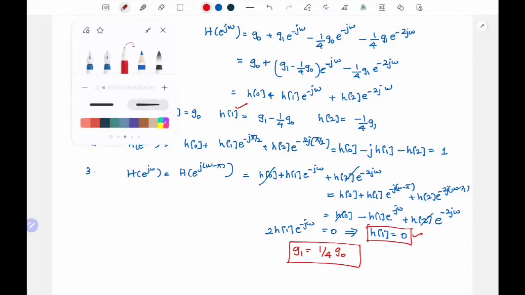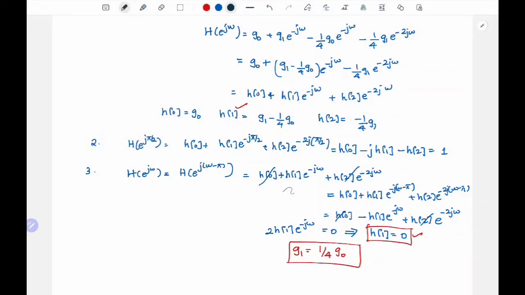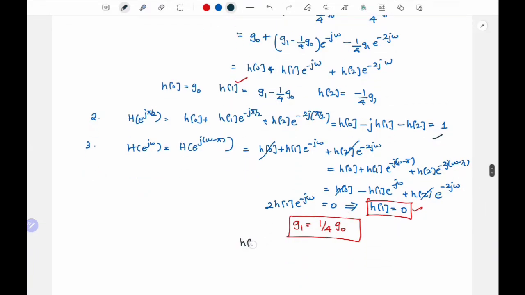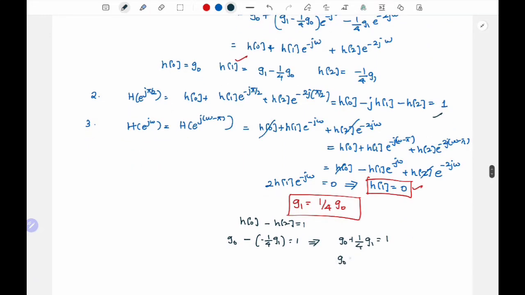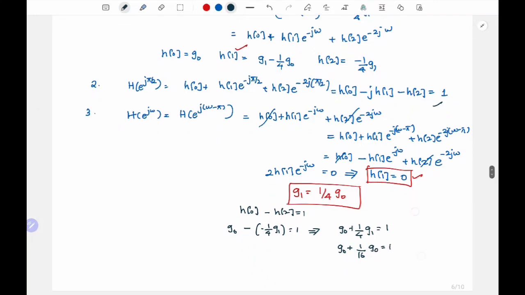So then what else do I have? I have this equation, right? My h of 0 minus h of 2 is equal to 1 because my h of 1 is already 0. My h of 0 is g0 minus of minus 1 by 4 g1 equal to 1, which implies that g0 plus 1 by 4 g1 equal to 1, which is nothing but g0 plus 1 by 16 g0 equal to 1.